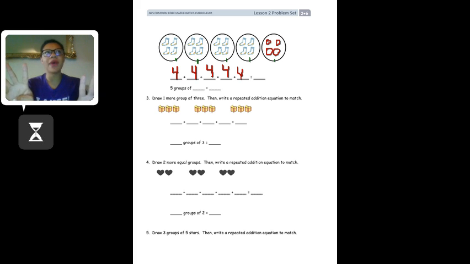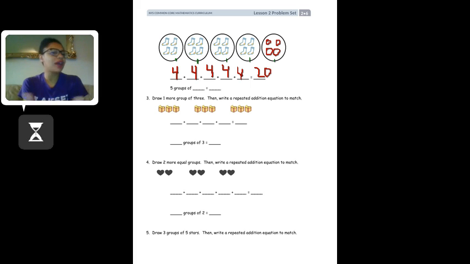And then if I use mental math, I know that 8 plus 4 is 12. And then 12 plus 4 is 16. And 16 plus another 4 is 20. So I'm going to write down the number 20 at the end to fill in the total amount of socks that we have.